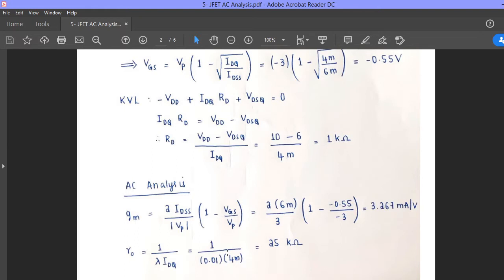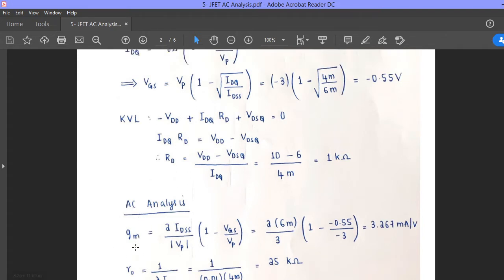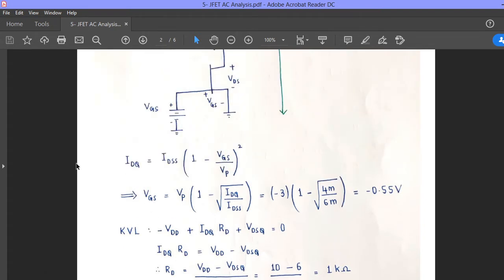Again it is simple. We now have to perform AC analysis to find GM and R0, because GM and R0 are small signal AC parameters. GM is found by using this equation, because we know GM is equal to del IDQ by del VGS.